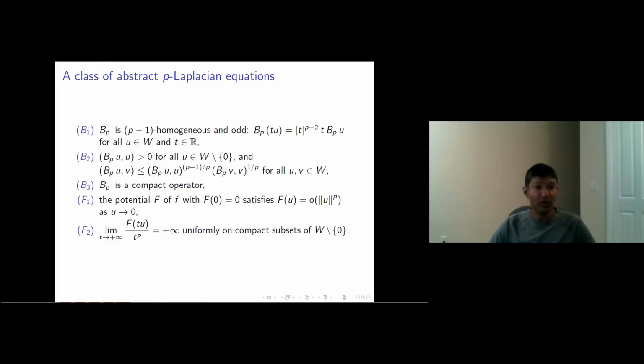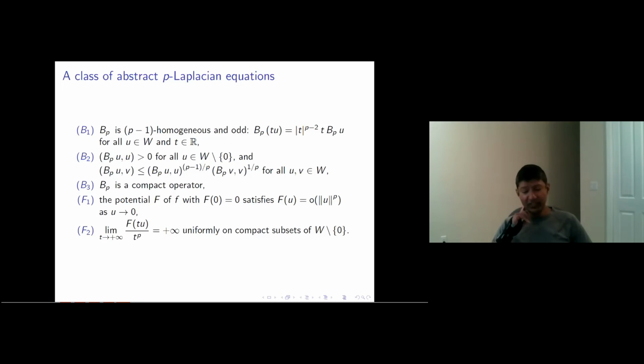And here's what we assume about the operators B and F. B_p is also assumed to be p minus 1 homogeneous and odd. And it's assumed to be strictly positive. And also we assume that it satisfies a Holder type inequality. And finally, we assume that B_p is a compact operator.